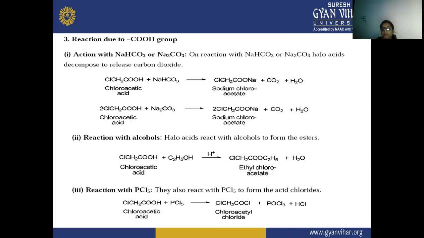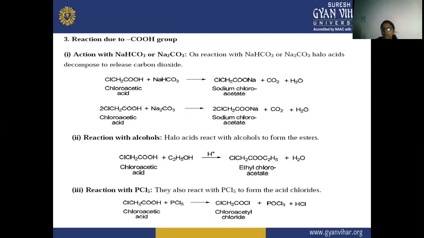Again, when chloroacetic acid is reacting with sodium carbonate, there is a formation of sodium chloroacetate, CO2 and H2O. So chloroacetic acid plus Na2CO3 gives sodium chloroacetate plus CO2 plus H2O. Secondly, the reaction with the alcohol.